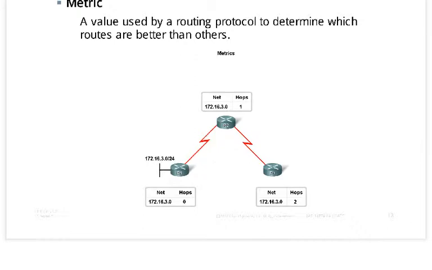Is there any other alternative for the metric other than the number of hops? Yes. Why? What is the motivation? Why is the number of hops not necessarily the best way to calculate the distance? Maybe it's a short path, but the quality. The quality of the links. Bravo, Alik.